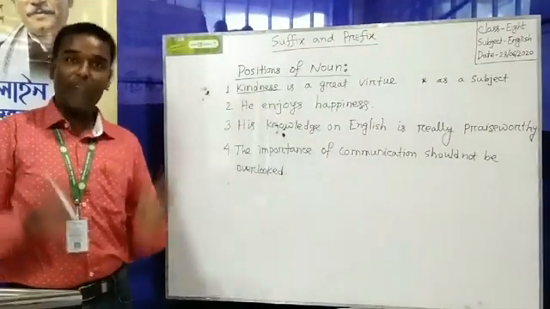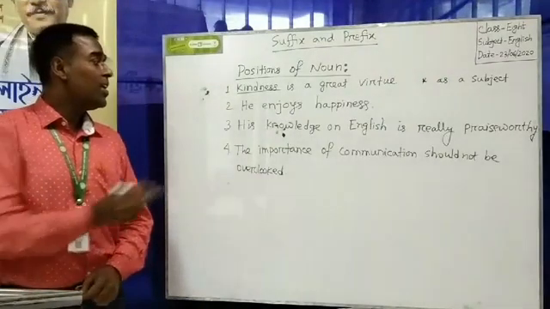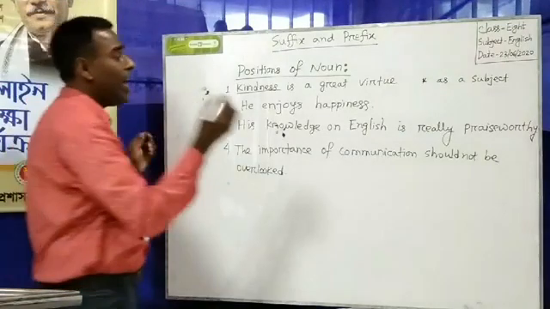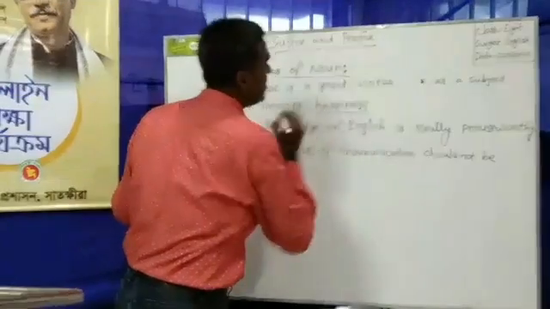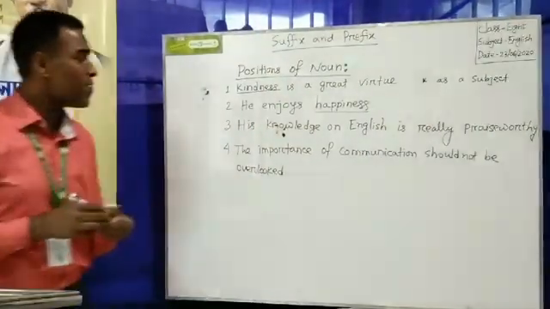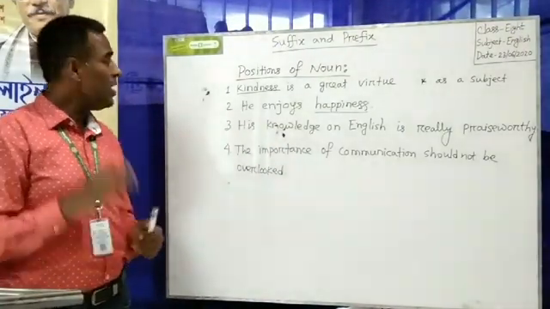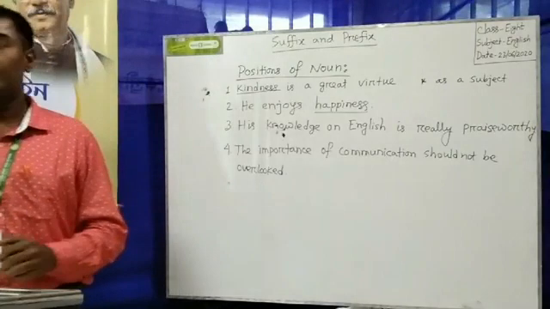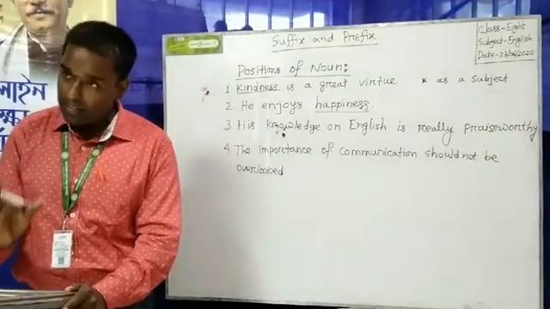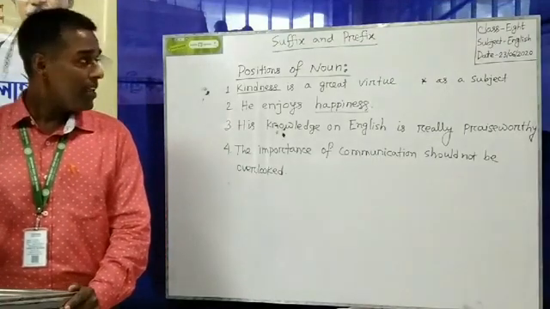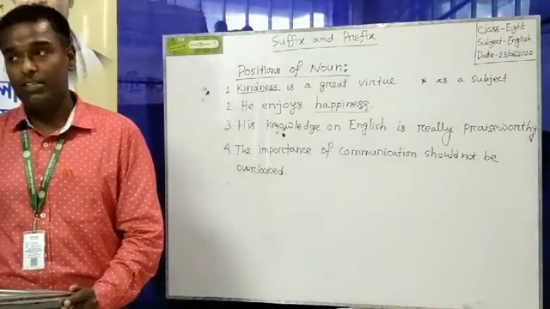Now look at 2. He enjoys happiness. He is the subject, enjoys is the verb, and happiness is the noun. What is the position of happiness here? You know, learners, after a verb, mainly an object stands.